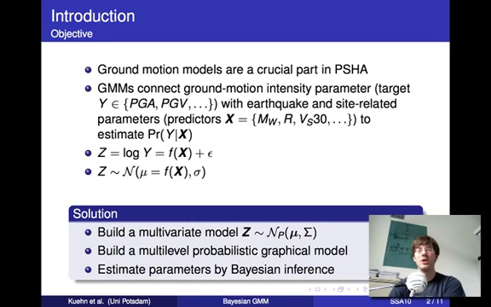And then, to address uncertainty, we're going to build a multi-level probabilistic graphical model. Graphical models are a huge and very flexible framework to reason under uncertainty. The multiple levels in our model allow us to deal with group data, for example, multiple recorded events, multiple recording sites.